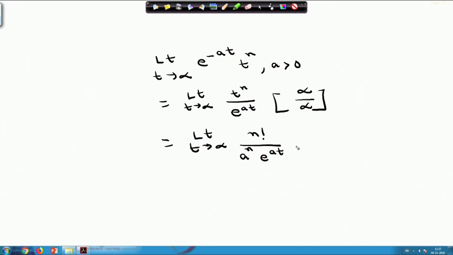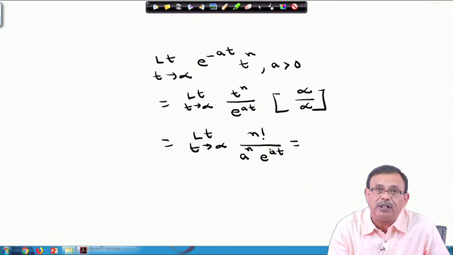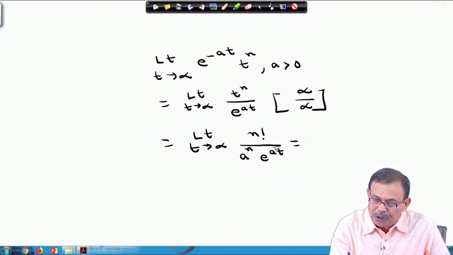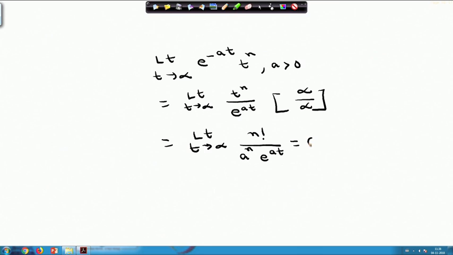After successively finding the derivative using L'Hospital rules, ultimately you get factorial n by a power n into e power a t, whose lower portion always goes to infinity. So the value becomes 0. The limiting value of this as t approaches infinity always will be 0.